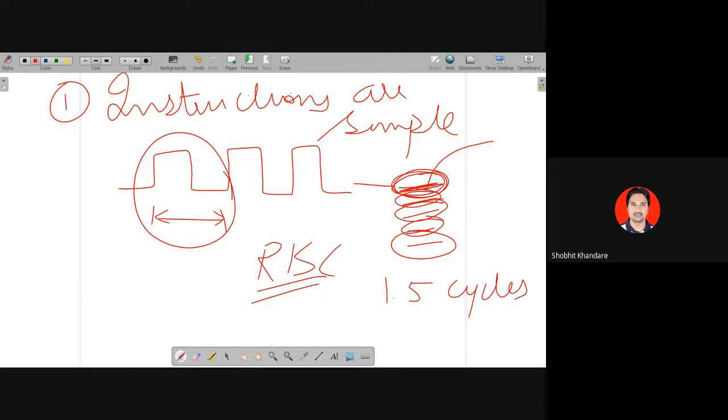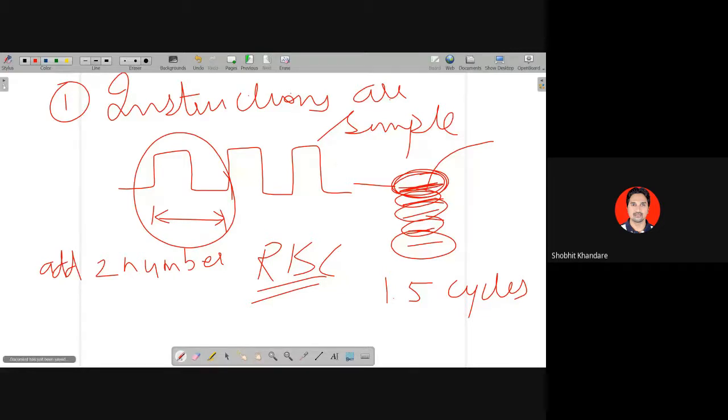See here now. Suppose I want to add two numbers. I'm talking about under the RISC. Now actually ये addition of two numbers कैसे होता है? What will happen first?